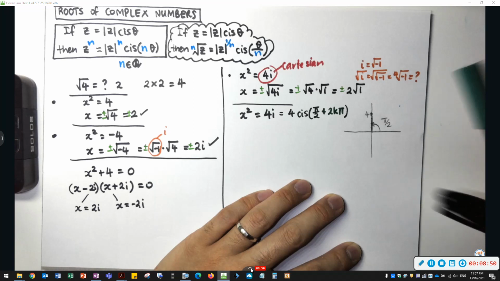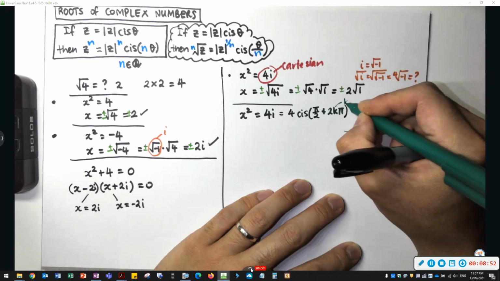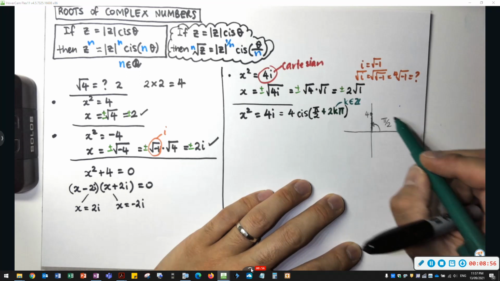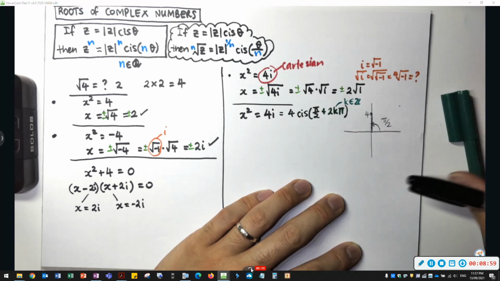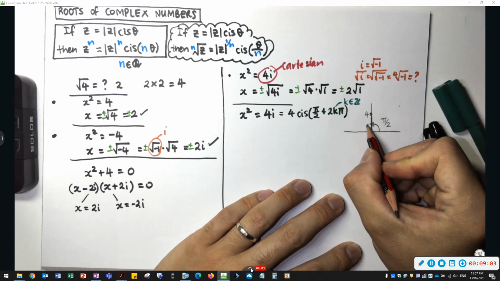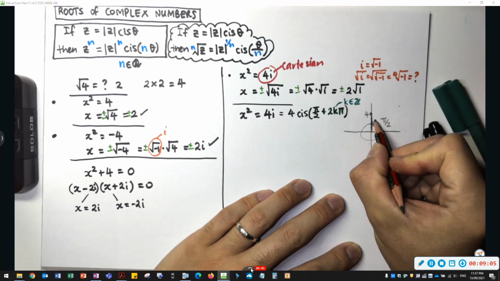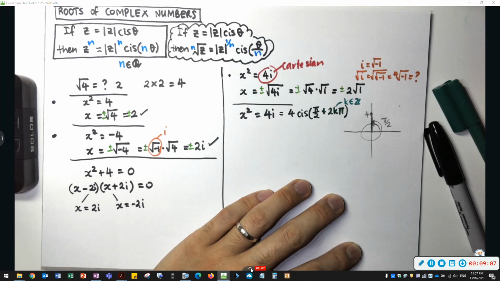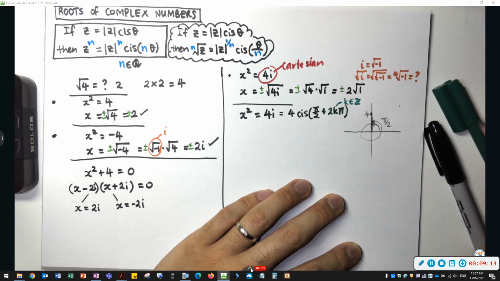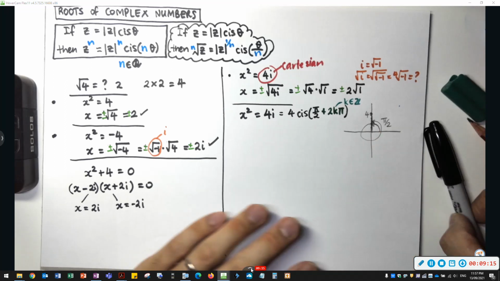So if you really want to, you can also write that k is integer. So that means you can plus or minus. So what I'm doing physically is I'm saying that my argument is pi on 2, or I can add one whole cycle and say it is 5 pi on 2. Okay, or I can also go backwards. So let's just keep going with this.